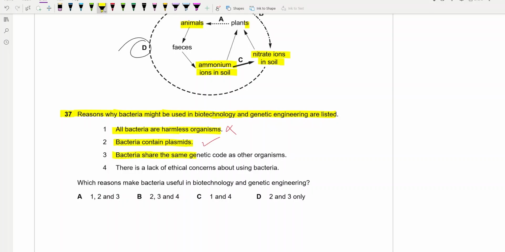Bacteria share the same genetic code as other organisms, which is correct. Option 4. There is a lack of ethical concerns about using bacteria, which is correct. Which reasons make bacteria useful in biotechnology and genetic engineering? So the correct option would be option 2, 3 and 4. Option B.